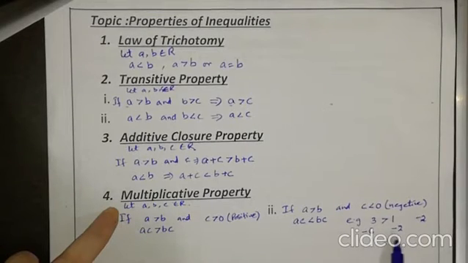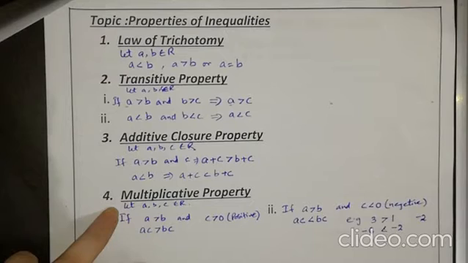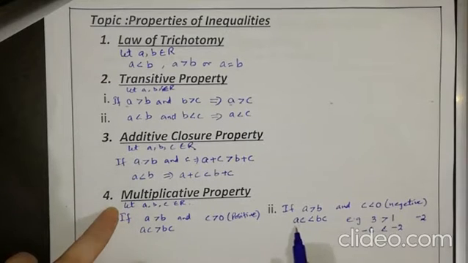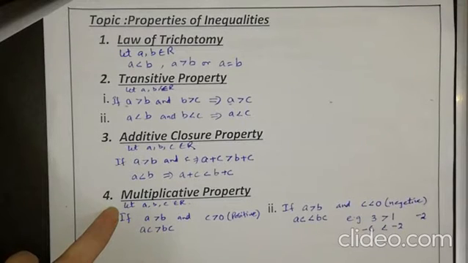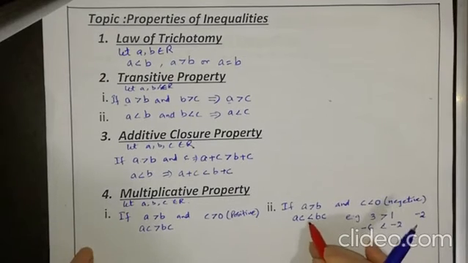Now see, -6 is not greater than -2, because on the number line, as you go far from 0, the value of the number is decreasing. So that's why -6 is smaller than -2. So this is a very important point in inequalities. Whenever you multiply by a negative or divide by a negative, you have to change the sign. This is a very important point for you. You must change the sign.